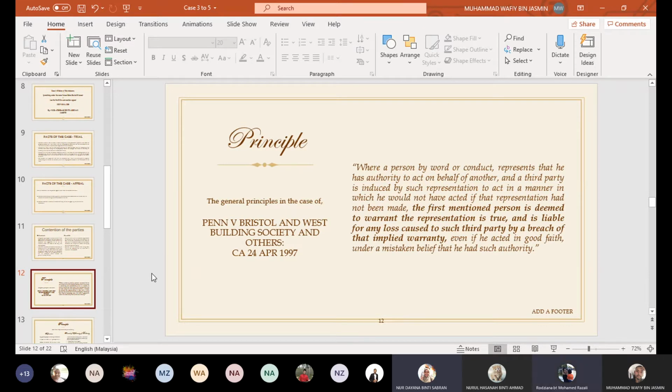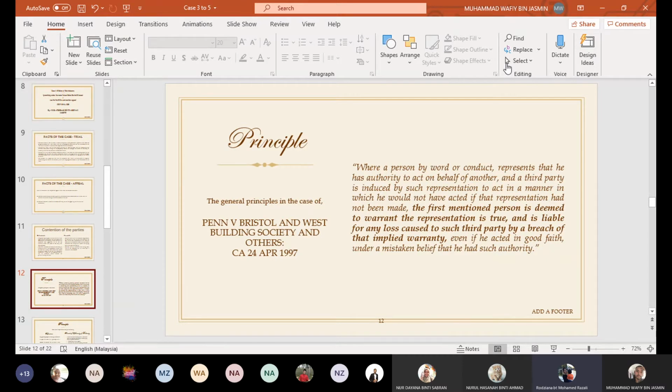Dia depending on the conduct of both parties. Macam tadi in the first case, Wafi discuss yang tu seolah-olah ada bentuk acquiescence ataupun ratification. Dia tidak challenge, dia tidak ada apparent act to challenge the authority or the conduct of the solicitor during the negotiation, kemudian dia dihalang daripada menidakkan atau object later on.